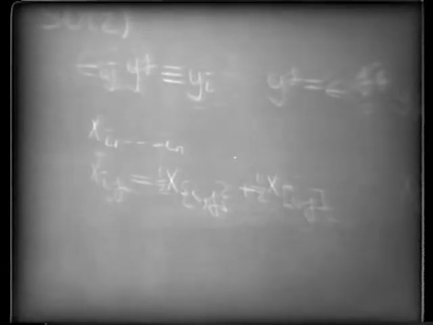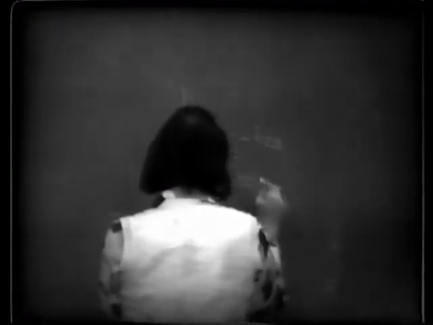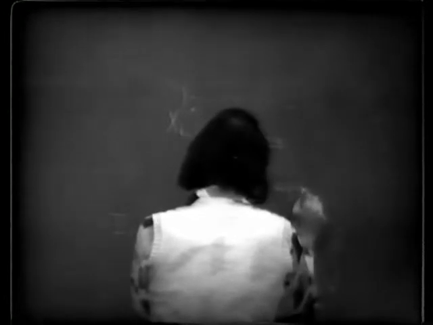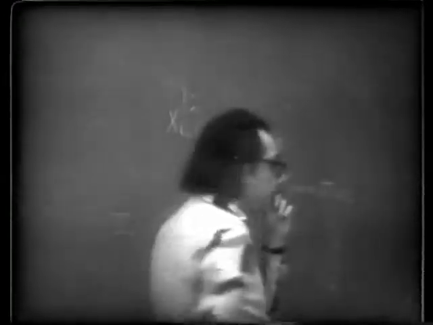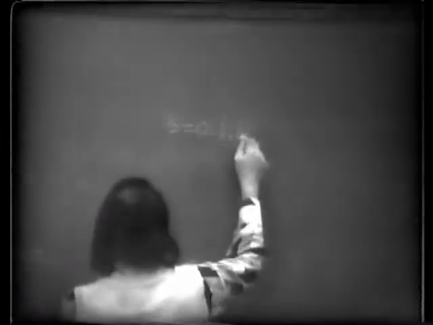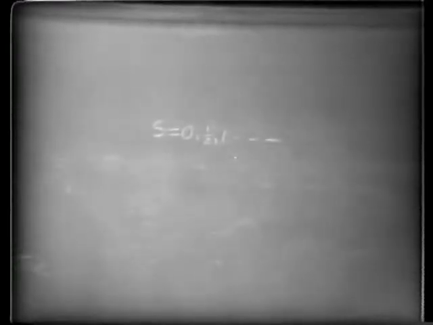Tensors which are completely symmetric under all lower indices, and 2s is an integer, so s is 0, 1/2, 1, etc. That's a stupid notation from this viewpoint, but I adopt it so you'll see the connection with the standard notation for SU2.